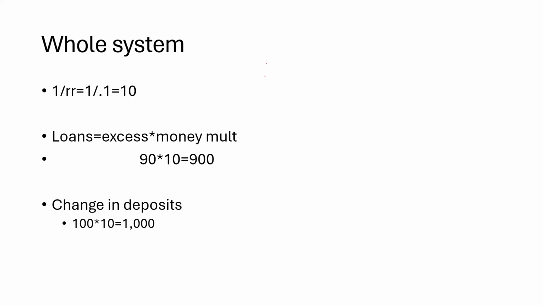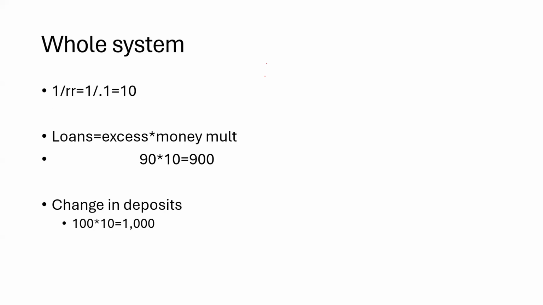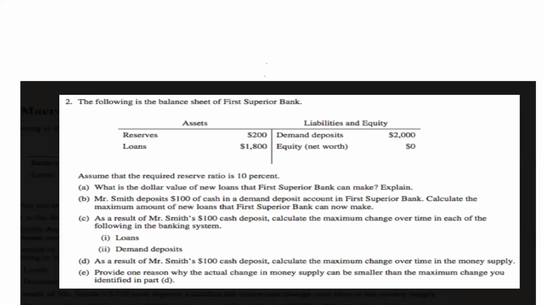Now, the next one was, what is the impact on demand deposits? Well, we deposited 100 times the multiplier is 1,000. So 900 would be my answer to change in loans, 1,000 to demand deposits. Now, as a result of Mr. Smith's $100 cash deposit, calculate the maximum change in the money supply.